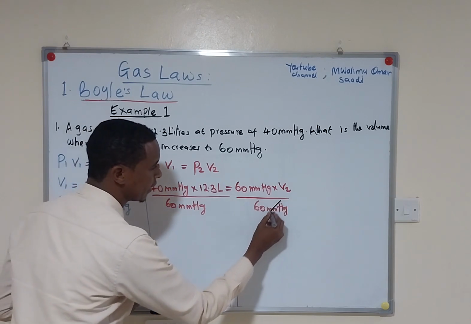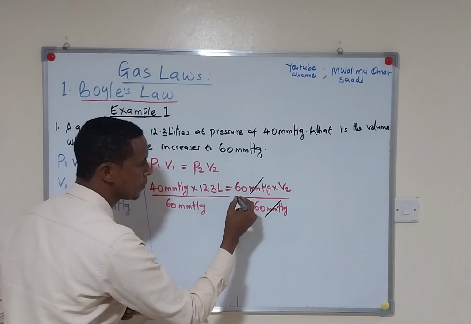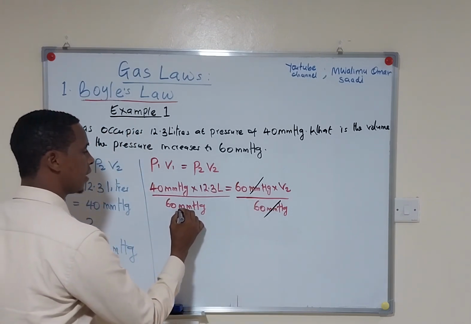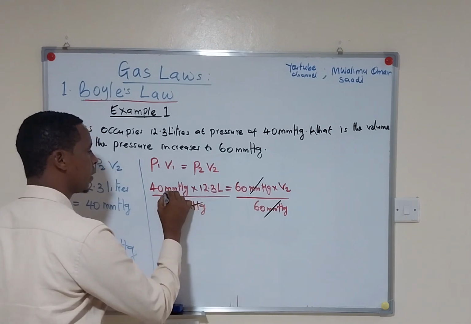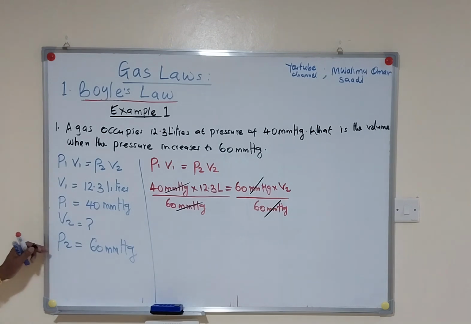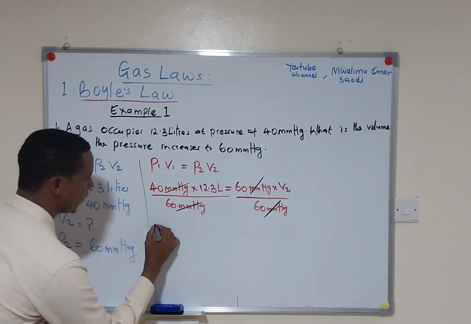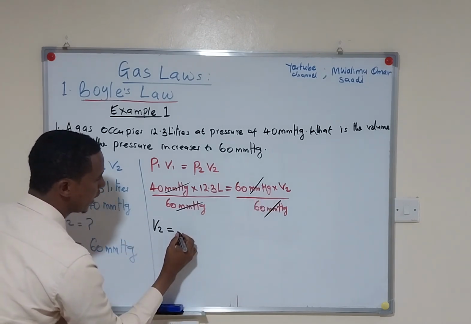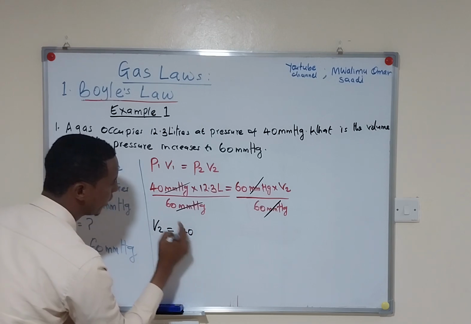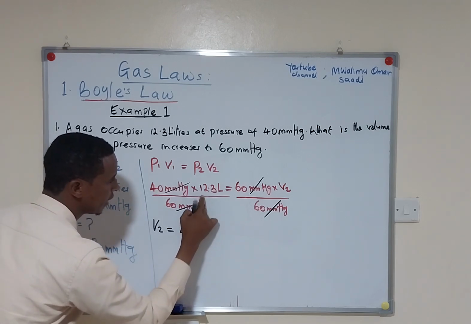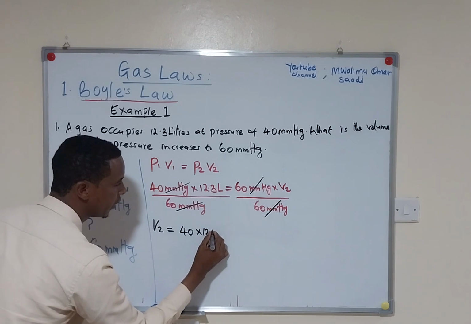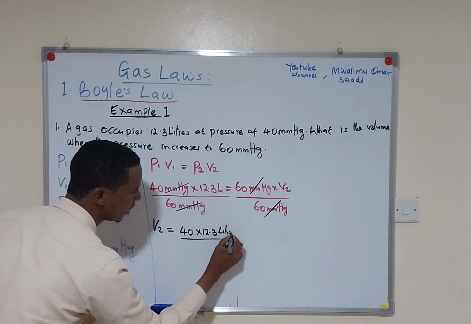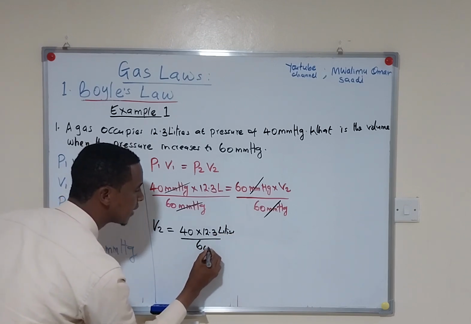The 60 millimeter mercury cancels with the 60 millimeter mercury, and then we cancel millimeter mercury with that. So we are now remaining with V2 is equal to 40 times 12.3 liters all over 60.